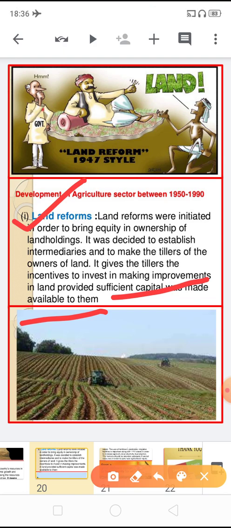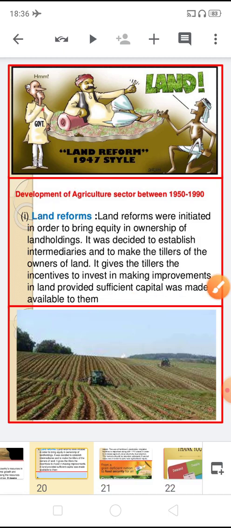So, to help, the government decided to increase the number of financial institutions in India, to protect the farmers and to make capital available to them at the least interest rates.